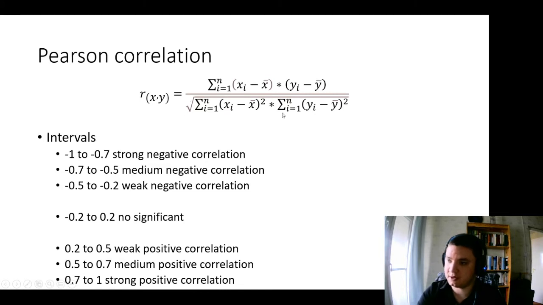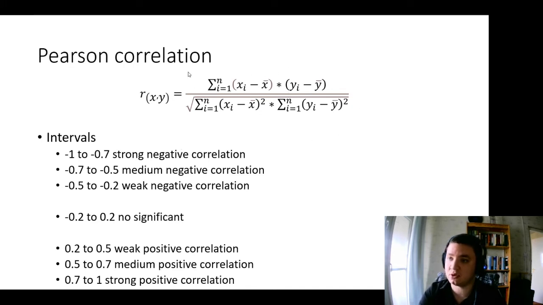Here below, in the denominator, we use the standard deviations of the two variables, because this is the formula of the standard deviation of the x, and this is the formula for the standard deviation of the y variables.